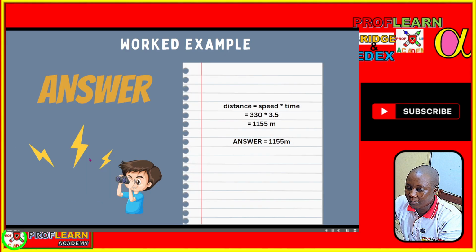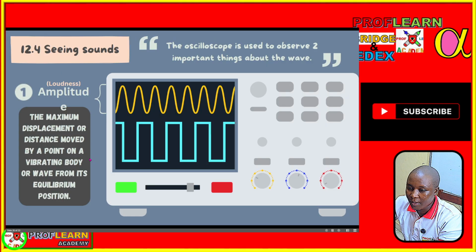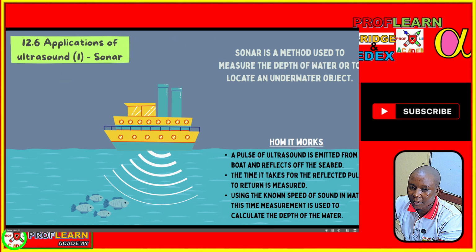All right, so the rest of the part is the applications of sound, especially for sonar. Ultrasounds are produced by the ship, and the sound travels to the wall or the bed of the ocean, and that sound is reflected back so that they can determine how deep the ocean is.